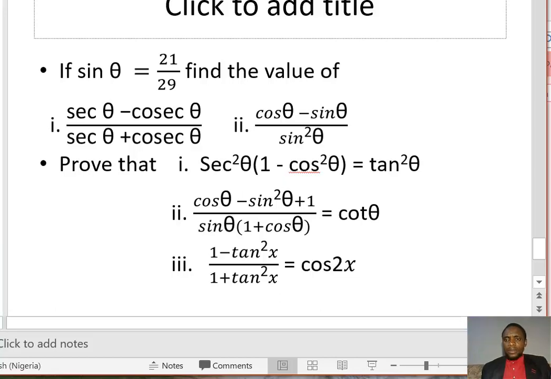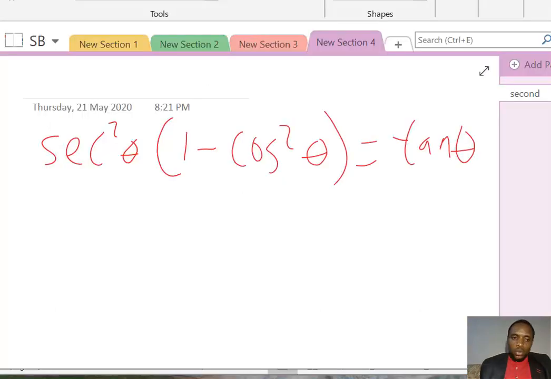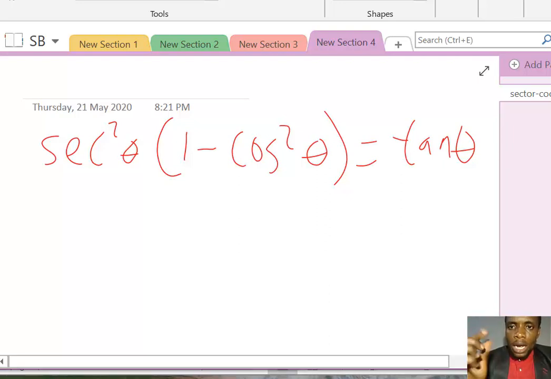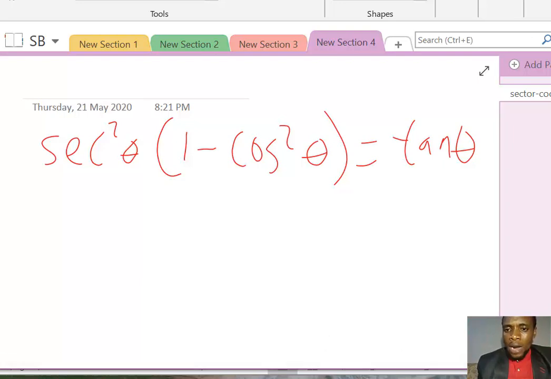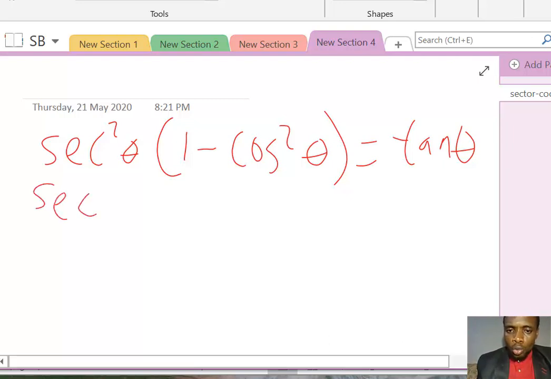Sec squared theta into bracket 1 minus cos squared theta, we want to prove that it equals tan squared theta. If you recall, I'll try to remind you, we said that sec theta is 1 over cos theta. So sec squared theta is going to be 1 over cos squared theta.